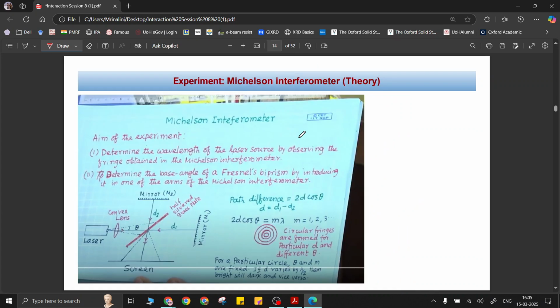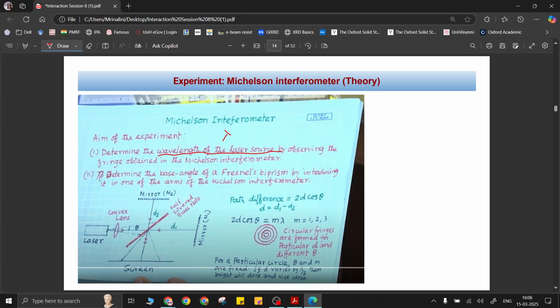Another experiment that was discussed was the Michelson interferometer. In this, we wanted to determine the wavelength of a laser source. So again, as in the previous experiment, where if the radius of curvature is known we can find the wavelength, similarly here also, if we know the dependent variables, then we can find out the wavelength of the laser source, if it's unknown, by observing the fringes obtained in the Michelson interferometer.